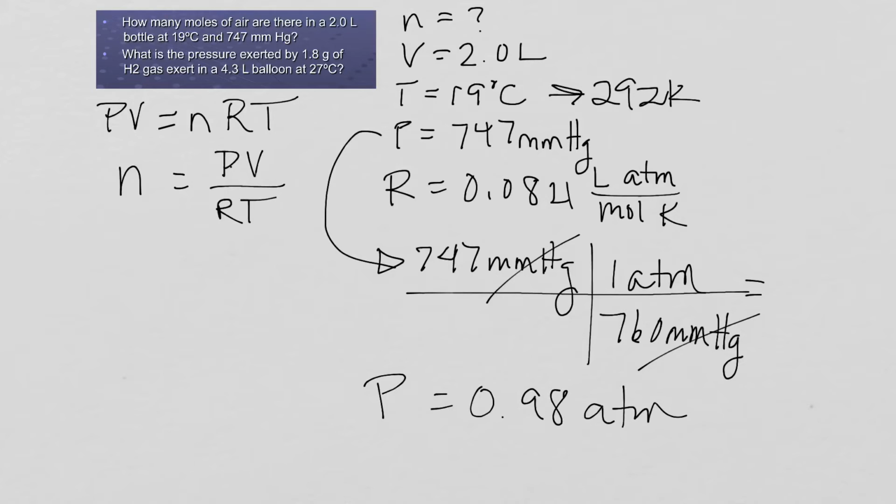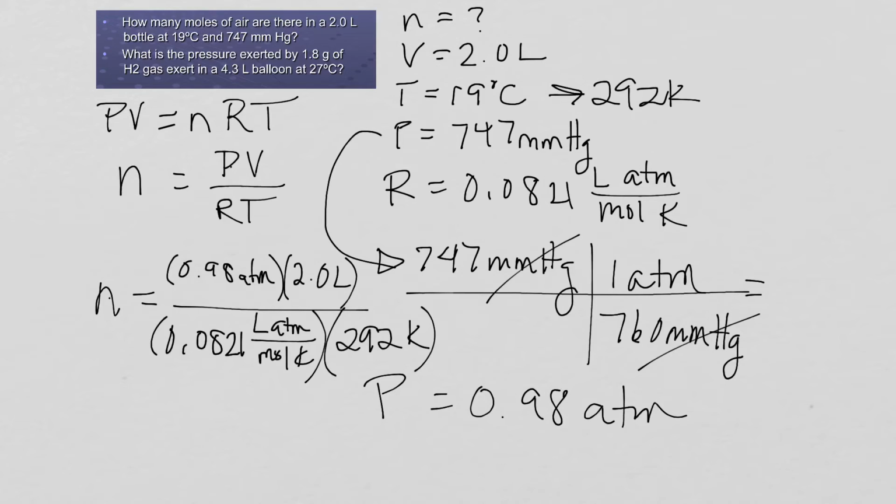Okay, so now I'm finally ready to plug all of this in. Once I take all of these givens and plug them in with the proper units, I can solve for n. I wrote a little bit too big, this is getting messy. So here's my area of focus, and now I'm going to cross out things that cancel.